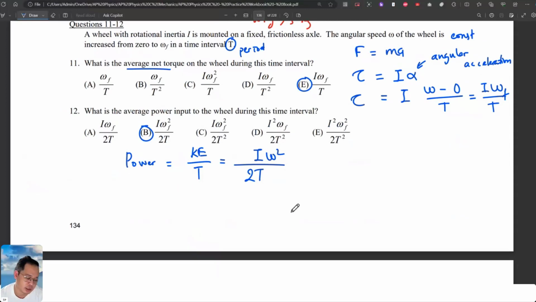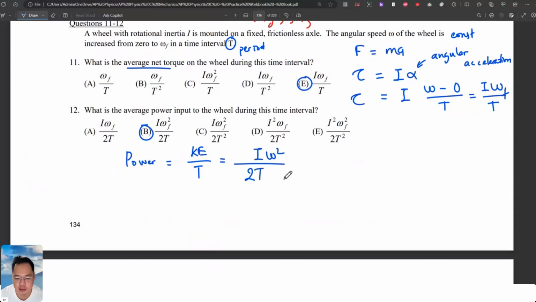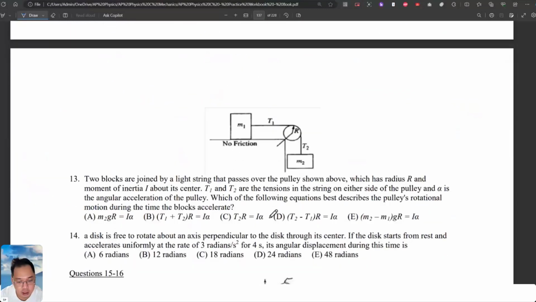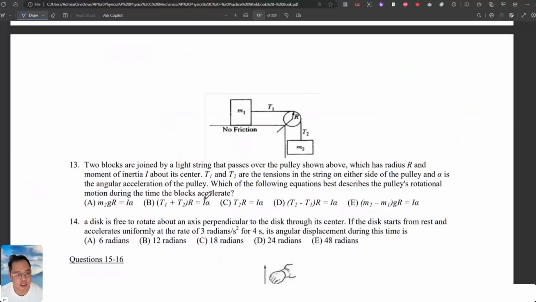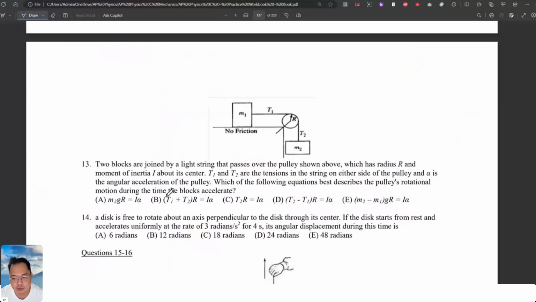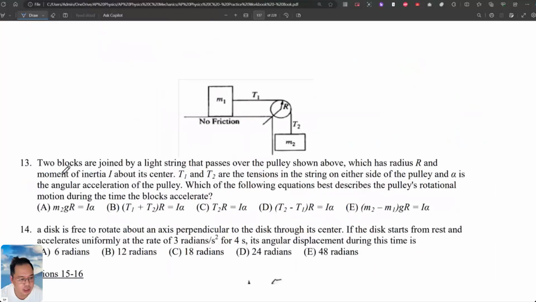Again, similar to AP1, the multiple choice is still easier than the free response. 13. Two blocks are joined by a light string that passes over the pulley shown above, which has radius R and moment of inertia I about its center. T1 and T2 are the two tensions in the string on either side of the pulley.